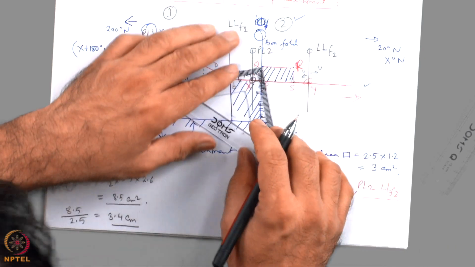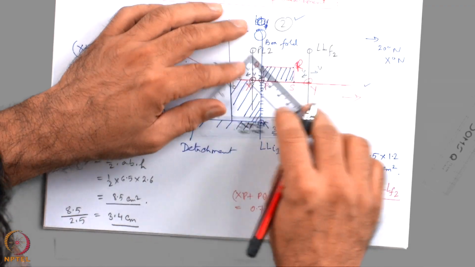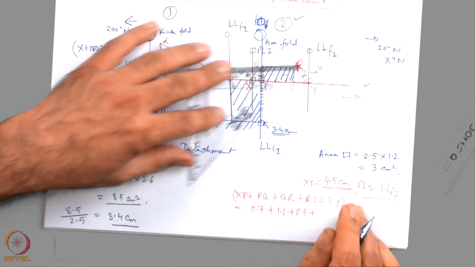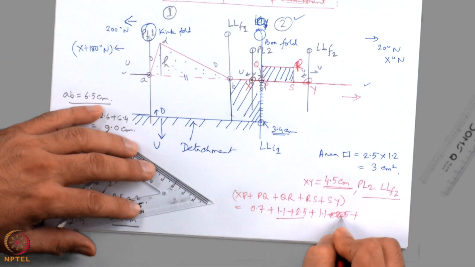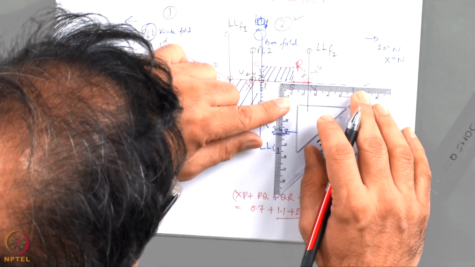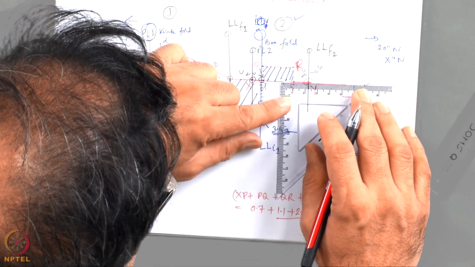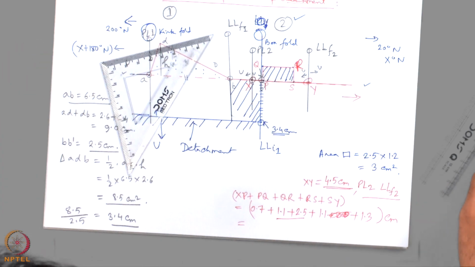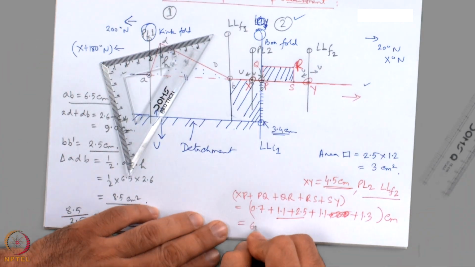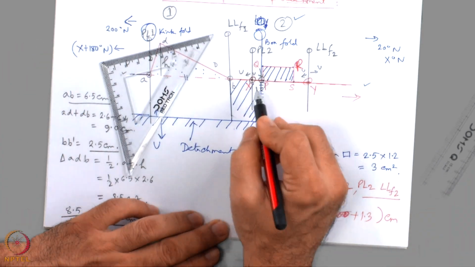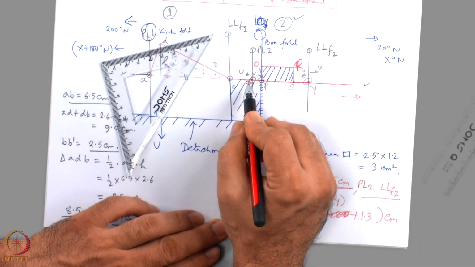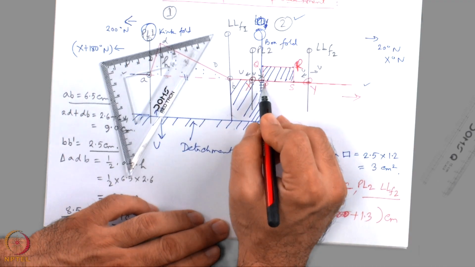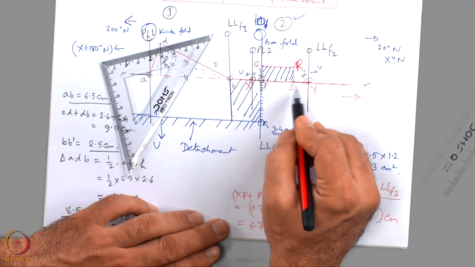0.7 plus 1.1 plus 2.5 plus 1.1 plus the SY distance, which is 1.3. This is equal to 6.7 centimeter. Let us unfold this line, which is now folded like this: XP plus PQ plus QR plus RS plus SY.